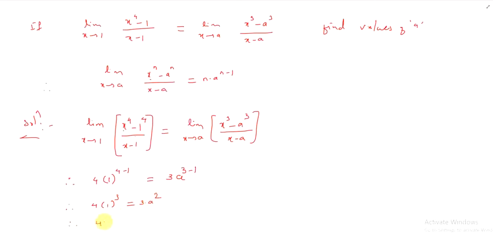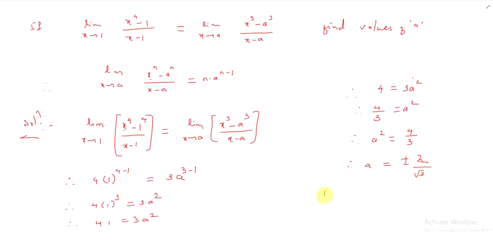Therefore 4 into 1 cube, that is 1, and here 3a square. That is 4 by 3 is equal to a square, that is a, only exchange the sides. Now taking square root, a is equal to 2 upon root 3.